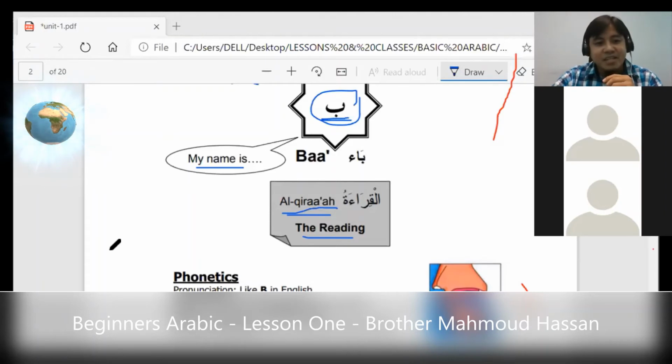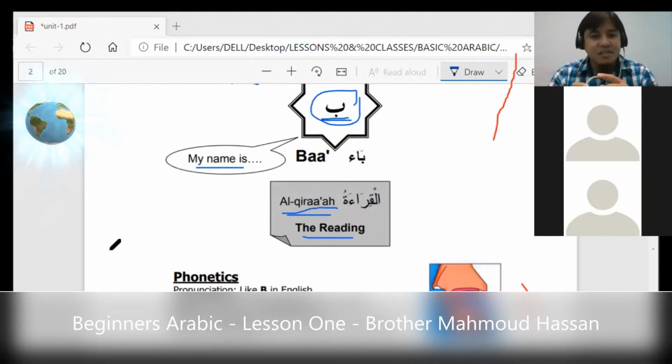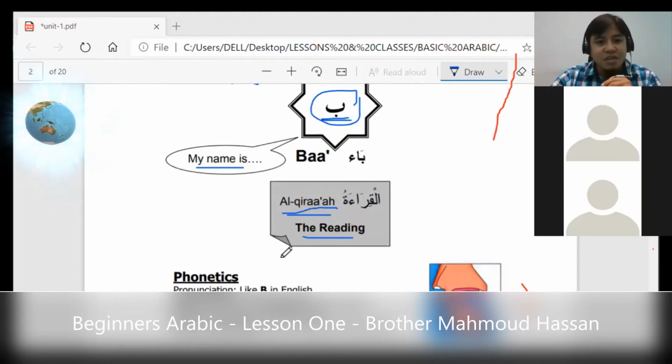Why do they say Arabic alphabet has only 28? Because they removed the lam alif and the hamza. Because we already have lam and we already have alif. When we combine them, it becomes lam alif. So they remove it. And hamza also, they remove it because we already have the alif, with the same pronunciation, right?